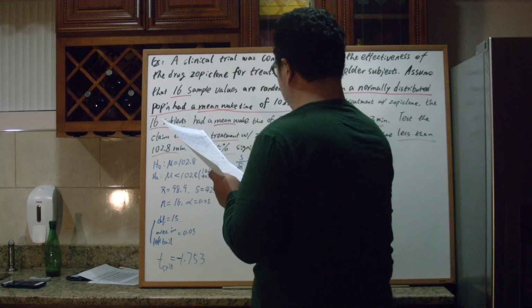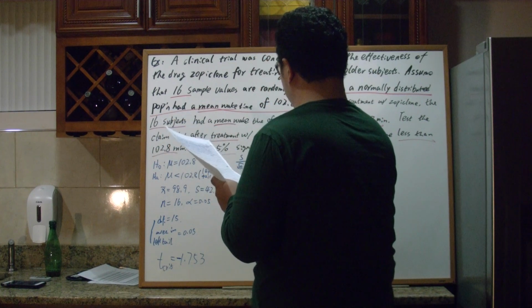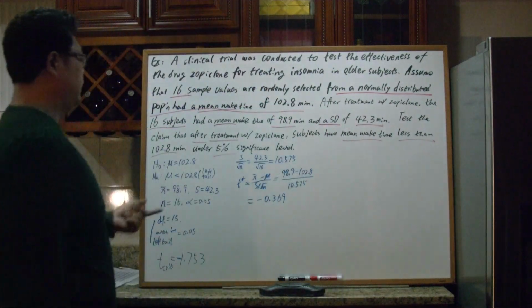That gives negative 0.369, keeping 3 decimal digits.